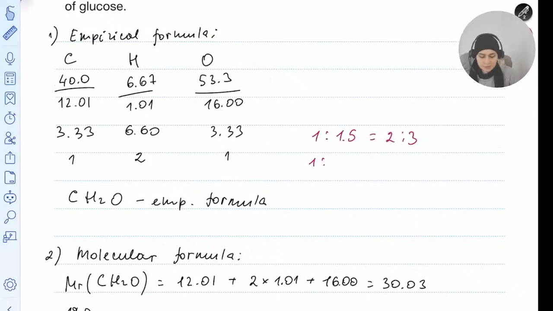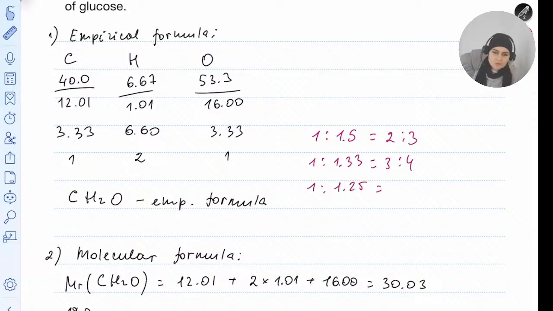If you get a 1 to, let's say, 1.33, 1.33 is too far away from 1, so you cannot round it to 1. You have to multiply by some whole number. You try to multiply by 2, does not work. If you multiply by 3, it would work. You would get 3 to 4. And if you get 1 to 1.25, again, it's too far away from 1.